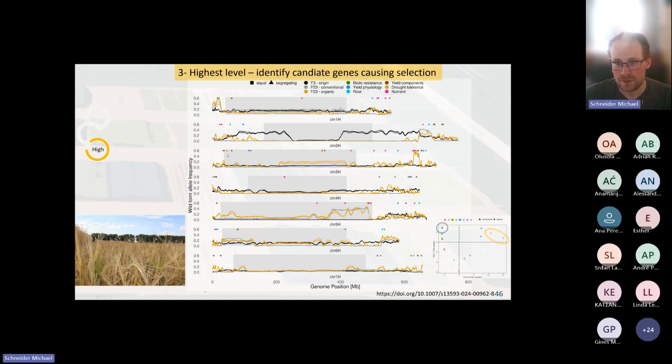And for instance, this one here, highlighted here, where is it? This one here as yield component. It's not very accurately assigned in the figure, I guess. No, sorry, here, yield physiology, sitting somewhere right here.